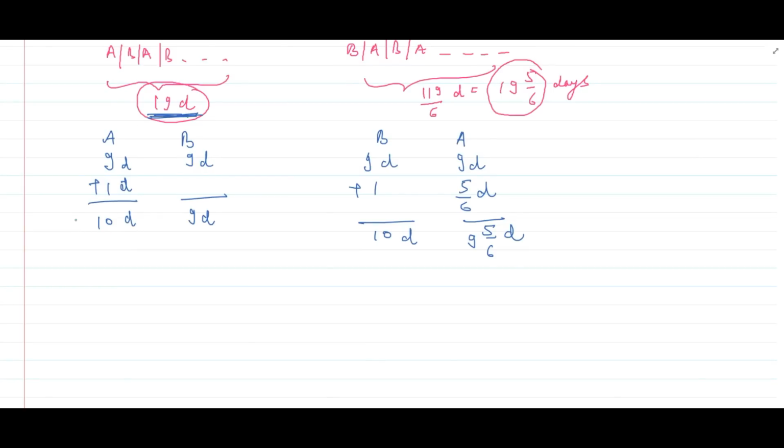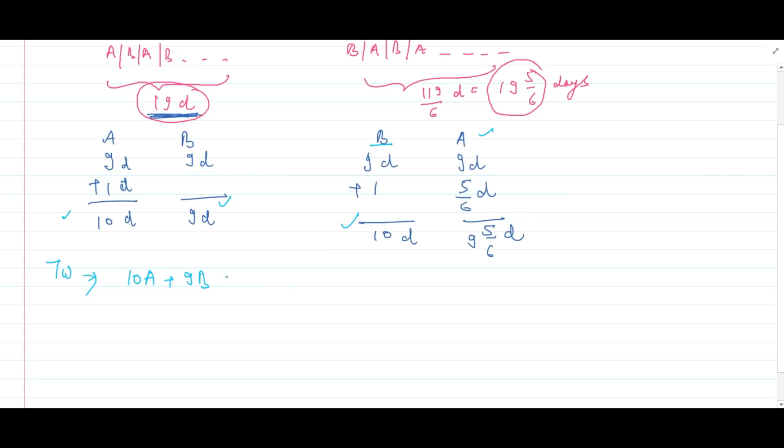We got the days for which they are working in both cases. A is working for 10 days here and B for 9 days, and here B is working for 10 days and A is working for 5 by 6 days. Why have we done this? So that we can compare the total work. Now we know the total work will be equal: if A works for 10 days, it will do 10A, and B will do 9B.